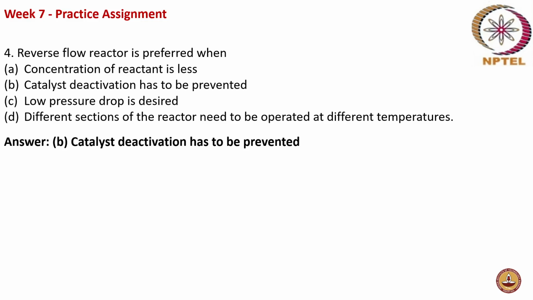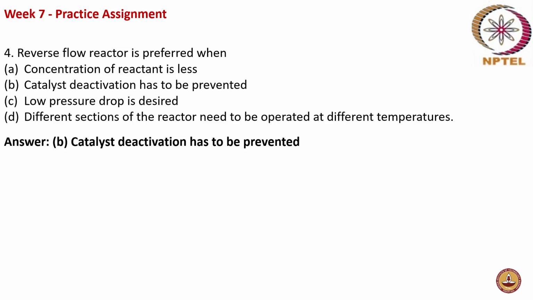That means the reactant starts flowing from z equal to L to z equal to 0. This is what happens in a reverse flow reactor. This mode of changing the flow entry point of the reactor at different time points is very useful in preventing catalyst deactivation.